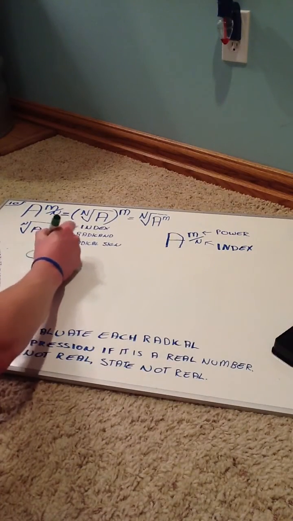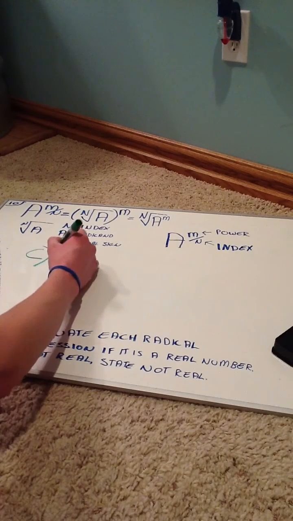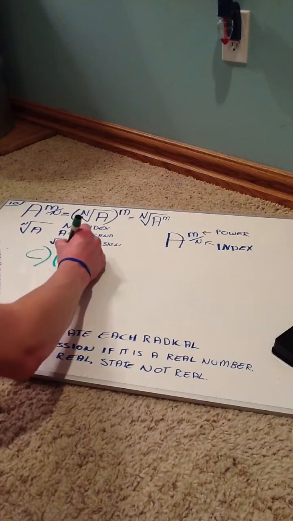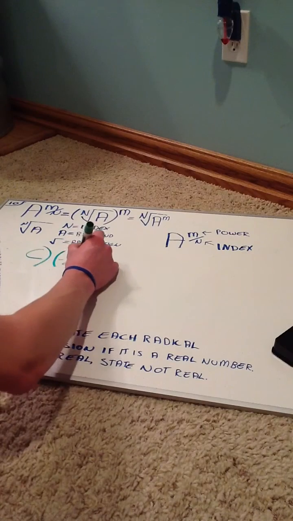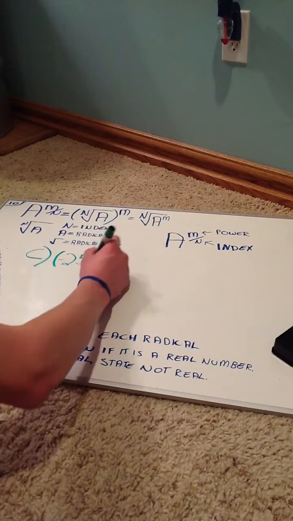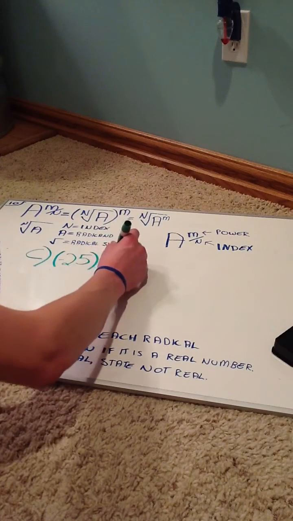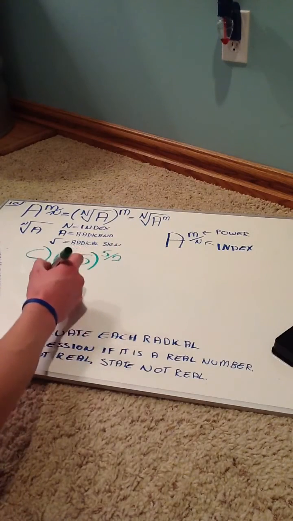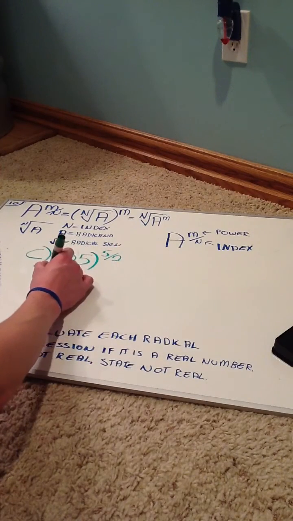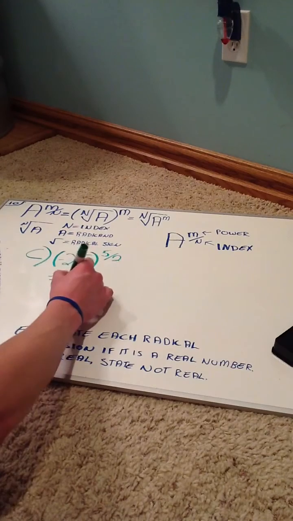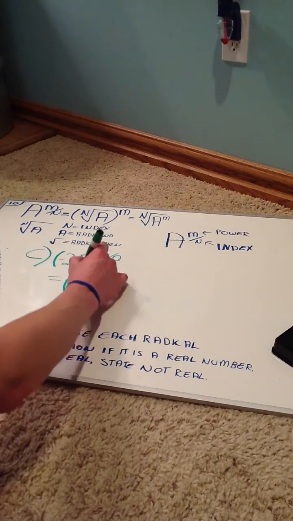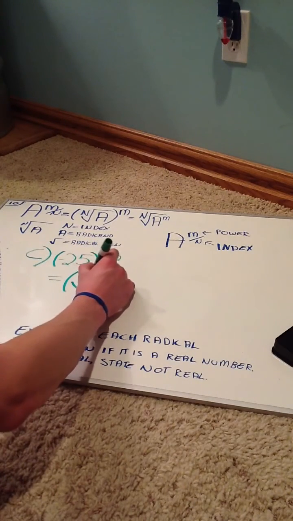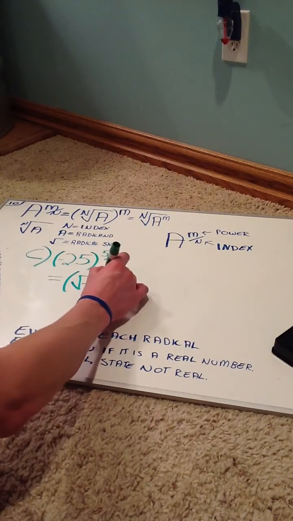Now we have problem C. We have negative 25 to the 5 over 2. We're going to change the format again. So we have our radical sign, negative 25, and we're bringing that inside with us because it's included.